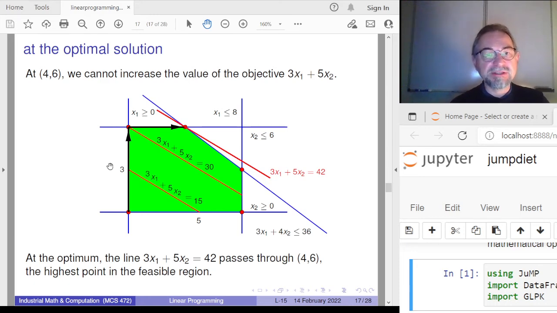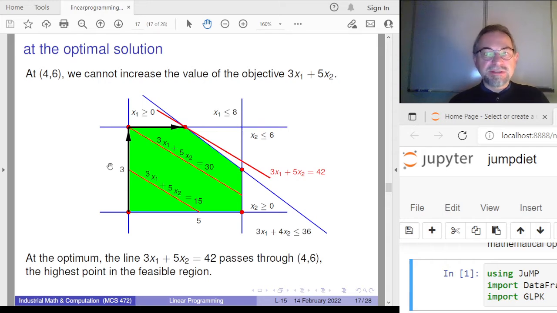And one way to see this is that the red line that represents our objective function touches at that optimum. So that's the only point in the feasible region.